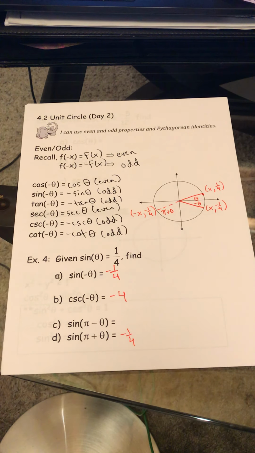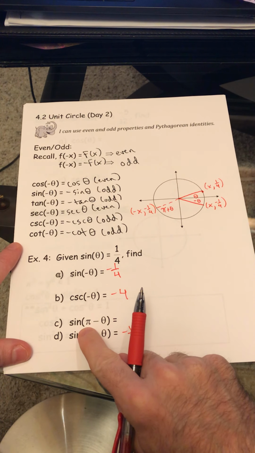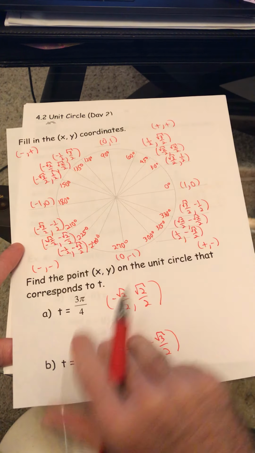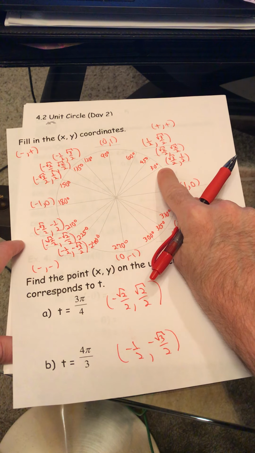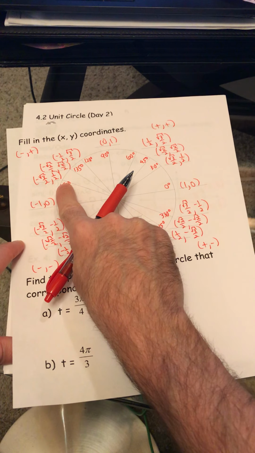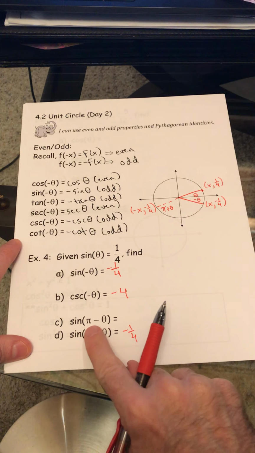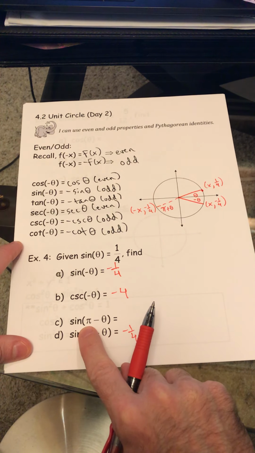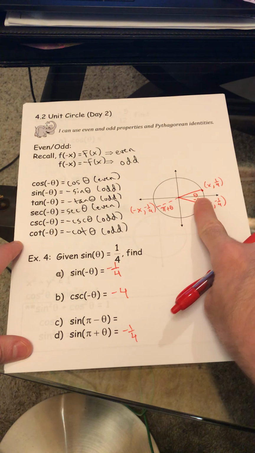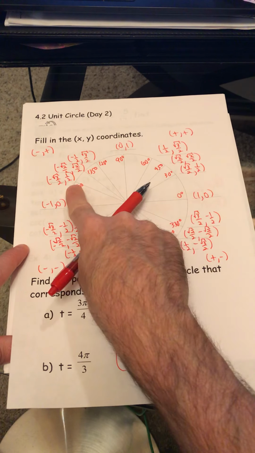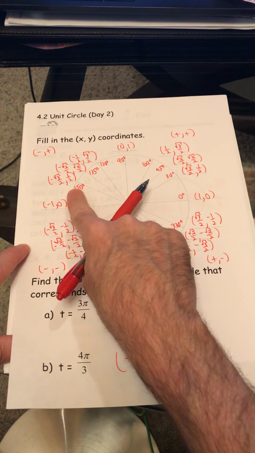Now, the last one, the sine of pi minus theta. To talk about this one, let's think about, that's saying take 180 minus theta. Let's look at a really easy value, 30. 180 minus 30 is 150. So basically this is saying the supplement of theta. Where is the supplement of theta? 30 and 150 are directly across from each other.